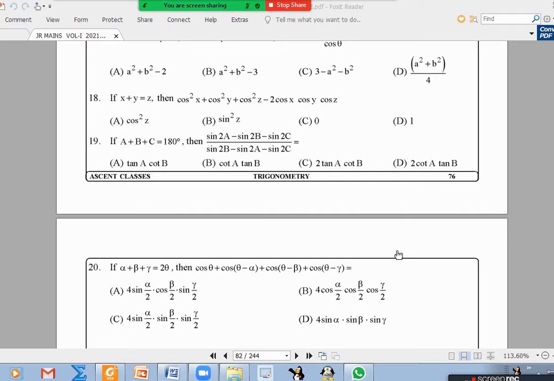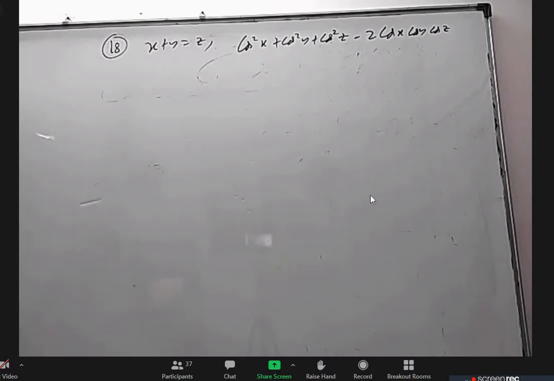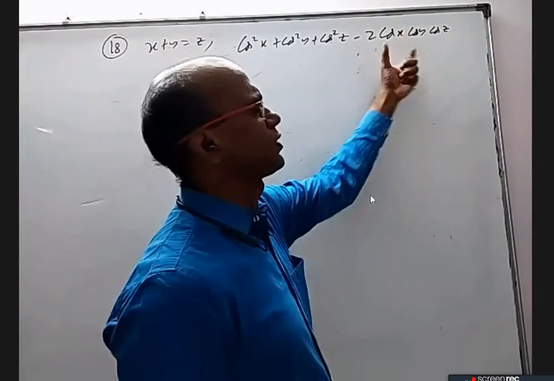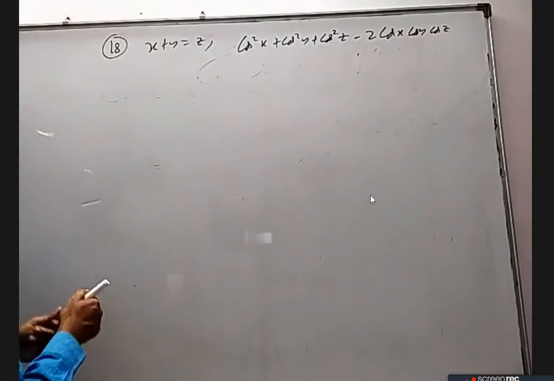And they want cos square x plus cos square y plus cos square z minus 2 cos x cos y cos z. We have to show that this is equal to what they have given. Basically, they want us to express this in terms of this extra one or something may come.